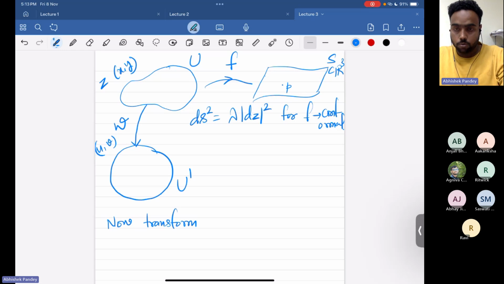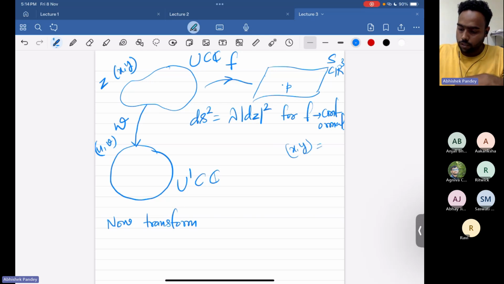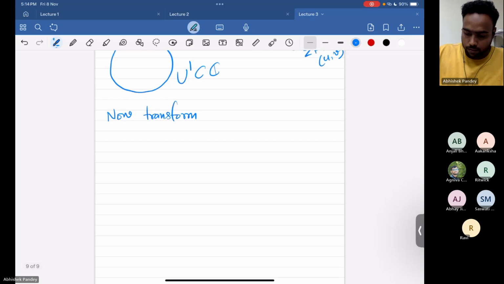We are mapping this U in C to a subset in C, changing the coordinates, so xy is coming into u and v.